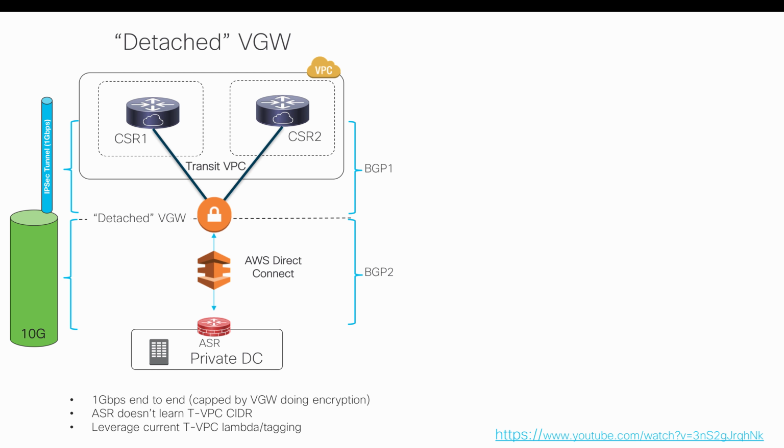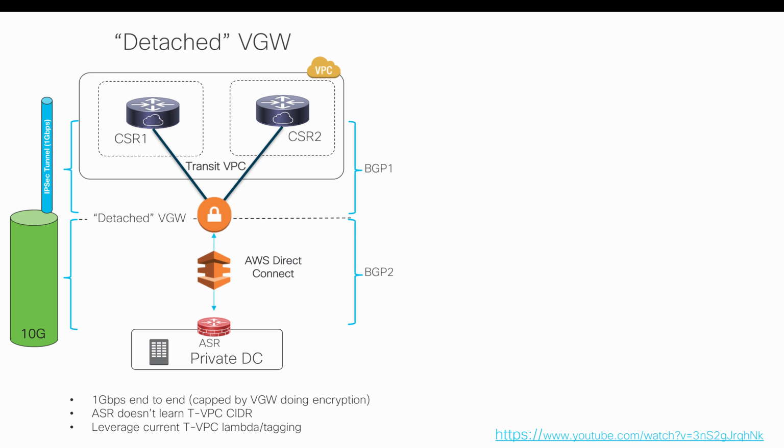Let's talk about how to connect to a Direct Connect. As I mentioned, there is a detached VGW. In this case, you have a VGW which is terminating the Direct Connect, which has been assigned by the virtual interface function, the VIF, and then the CSRs are talking to that VGW through an IPsec tunnel.